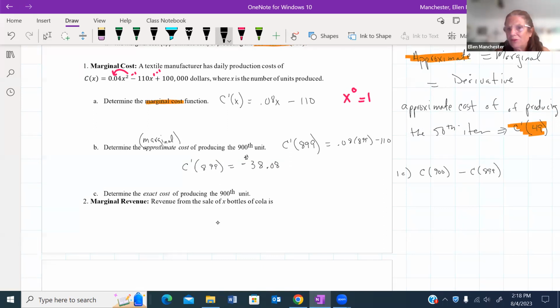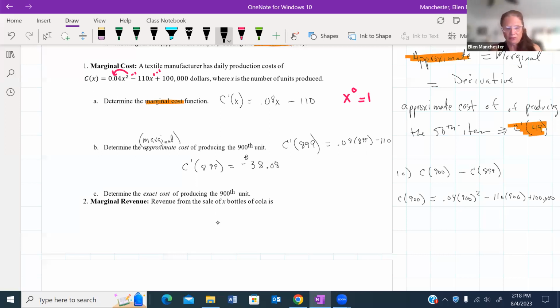This is not derivative, so I'm not going to use my derivative function. I'm going to use the actual cost function. So I'm going to find how much it costs to produce 900 products. I'm going to go 0.04 times 900 squared minus 110 times 900 plus 100,000.